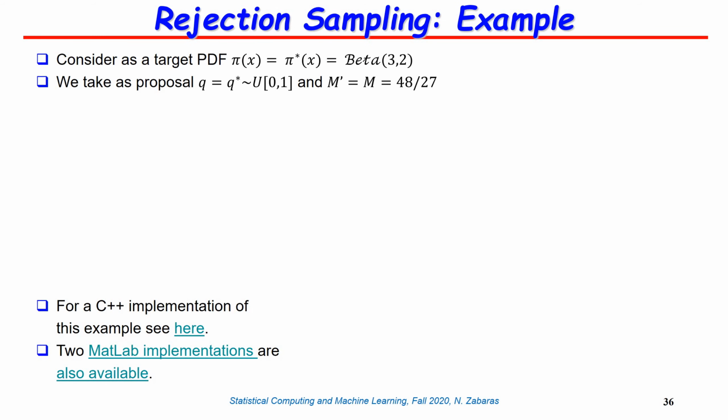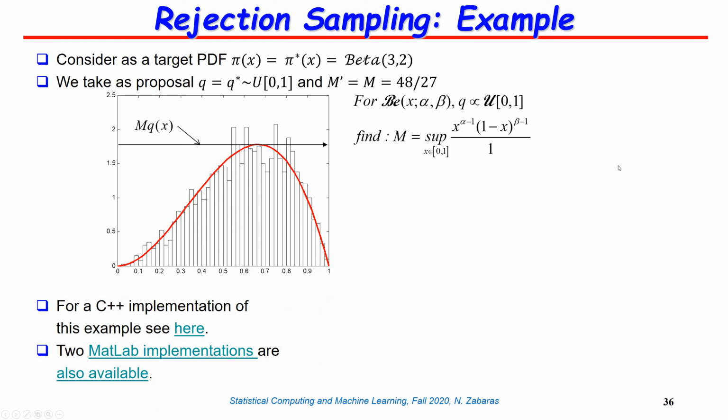Okay, let's do an example, right? So we can make things a little bit more concrete. Let's say that my underlying distribution is a beta distribution with parameters 3 and 2, and I know the normalization factor, so pi and pi star are the same thing.